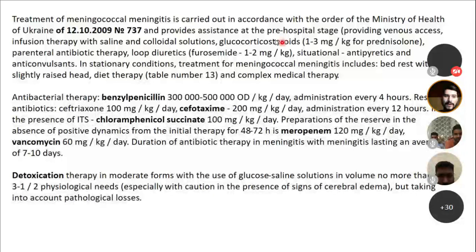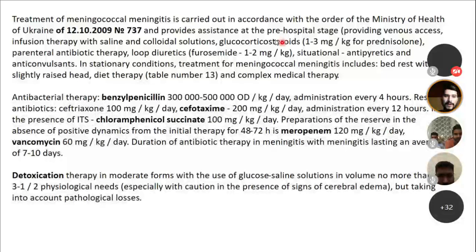Number one, you want to stop the production of the complement. Number two, you want to stop the hyperreactivity of the immune system, because once you kill the bacteria, you will increase the toxin. And finally, the third thing: you want to decrease the risks of DIC and the risks of the occurrence of Waterhouse-Friderichsen syndrome.